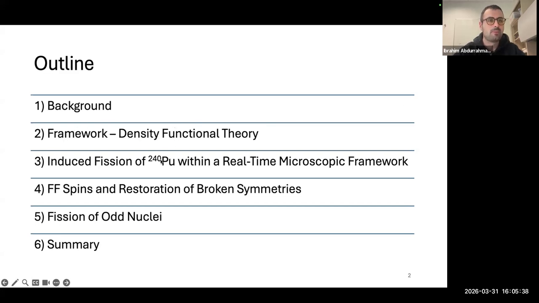Then the first application of a microscopic framework to real-time fission dynamics. And then after point three is when I joined the group at the University of Washington, and some of the specific work that I've done.